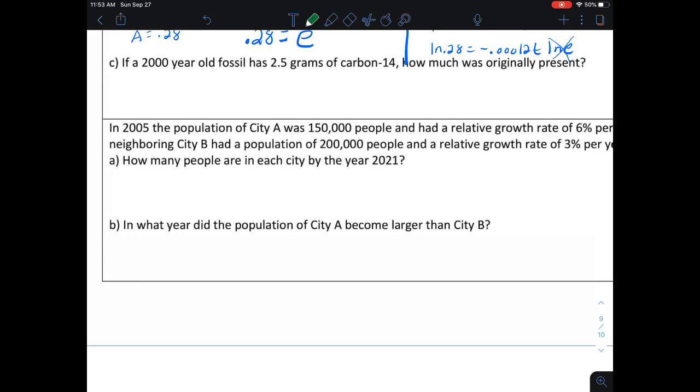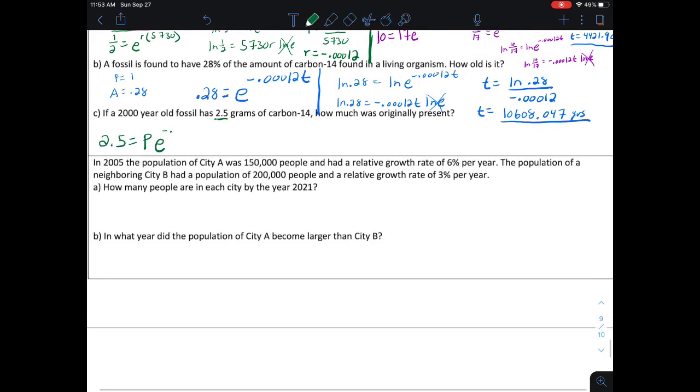All right, last one here for this half-life problem. We have a 2,000-year-old fossil that has 2.5 grams of carbon-14. How much did it originally have? So we're still using our derived PERT formula, so 2.5 equals P, that's what we want, the original amount, times E to the negative 0.00012 times 2,000 power.